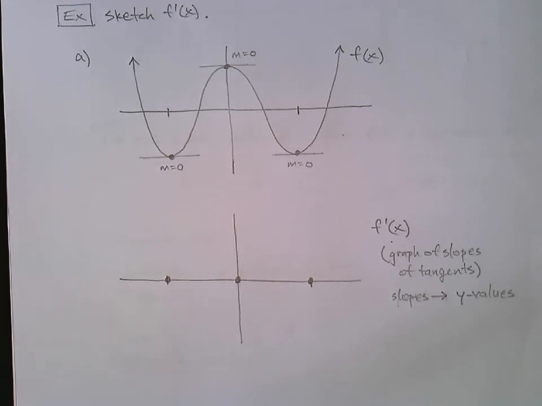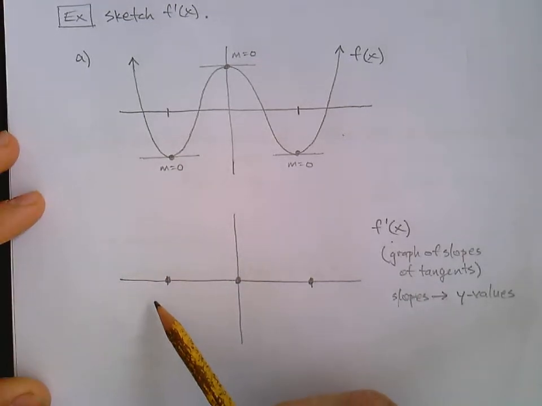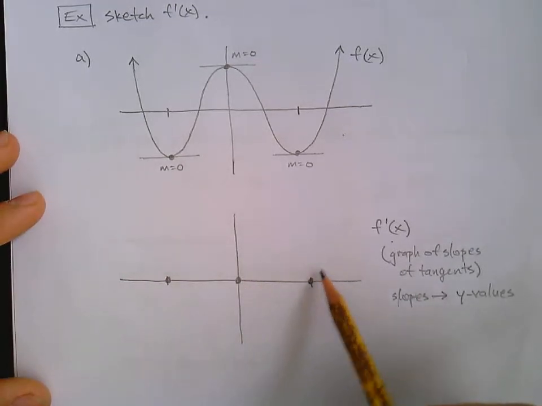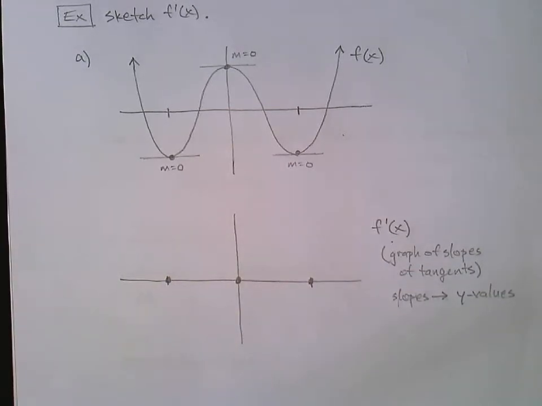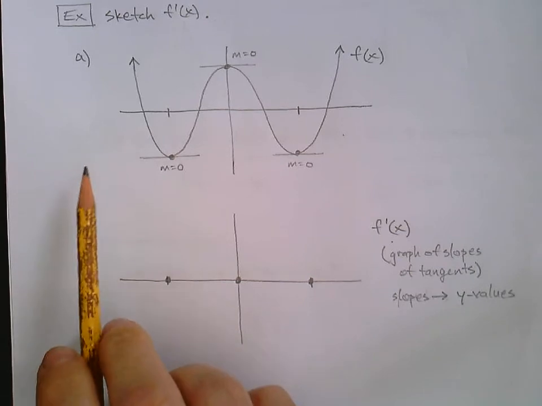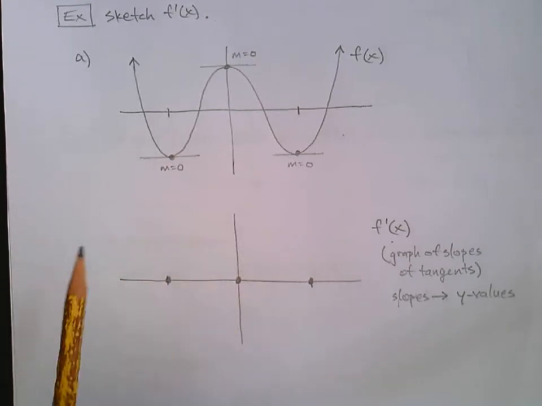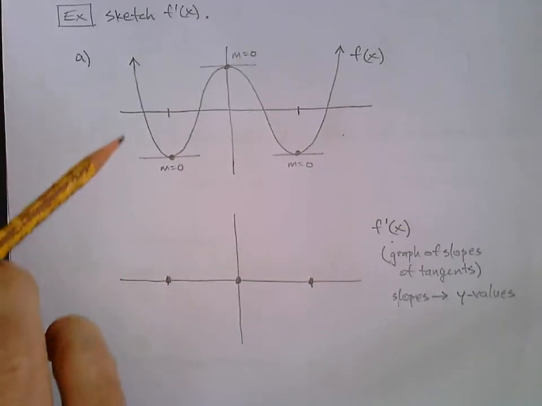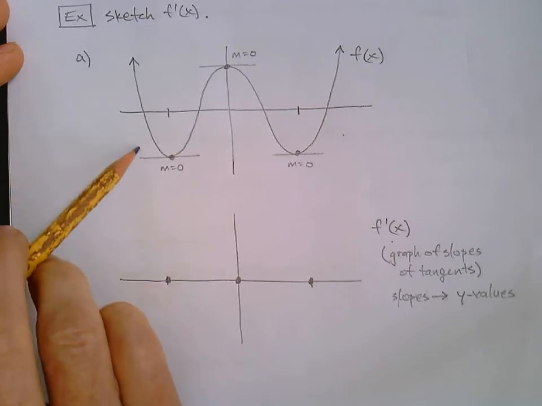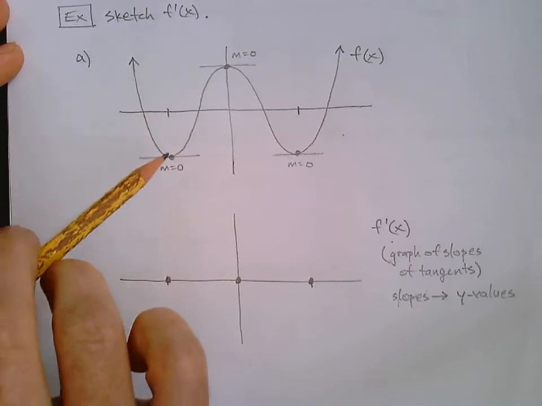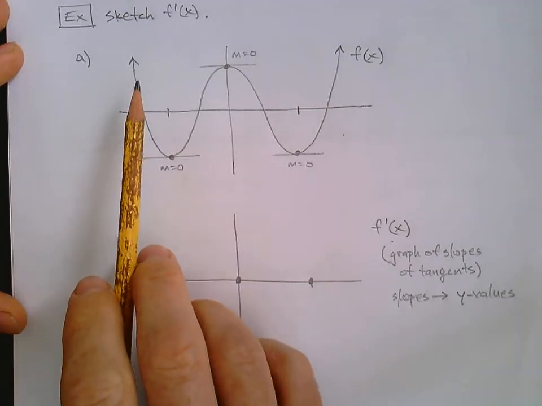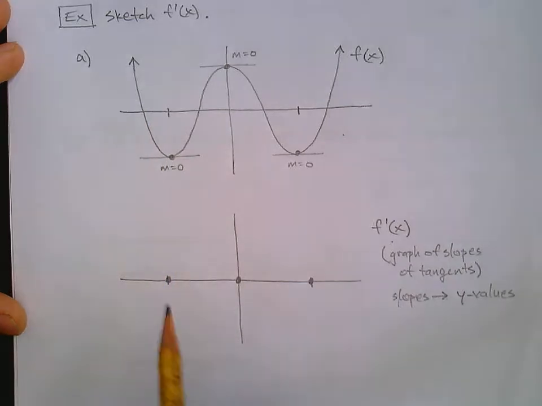But exactly how does it connect them? Does it come up and then through, or maybe down or something? What exactly is the path? Okay, so we've got to look back for more. What's going on with all of the tangent lines here in this first segment? f of x is dropping, decreasing.